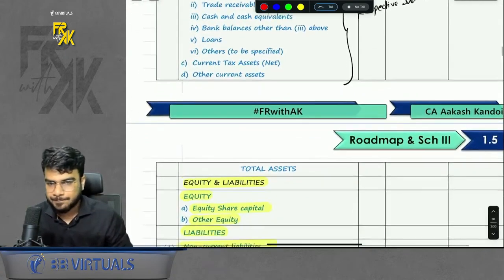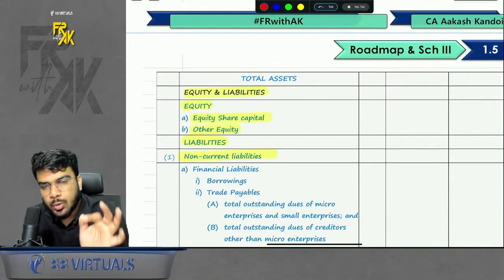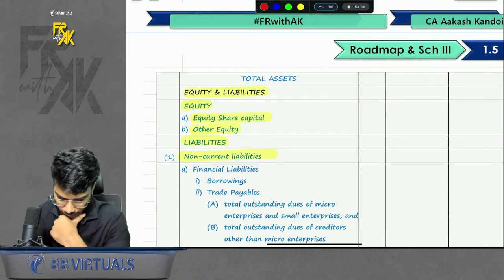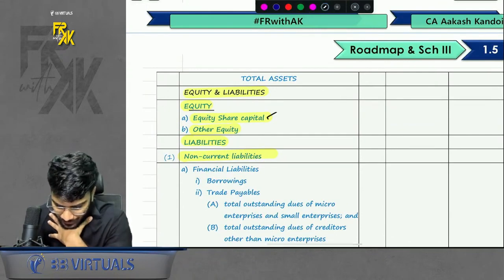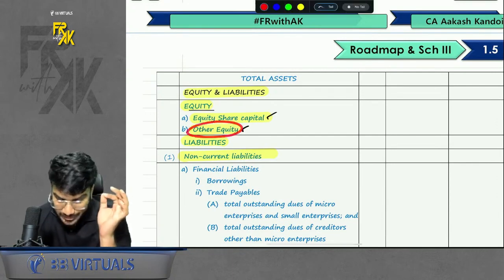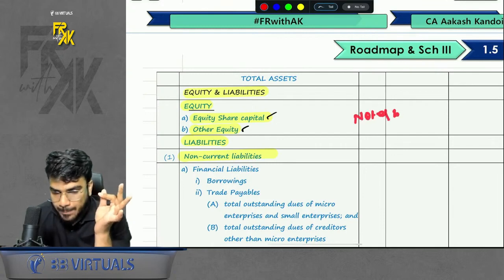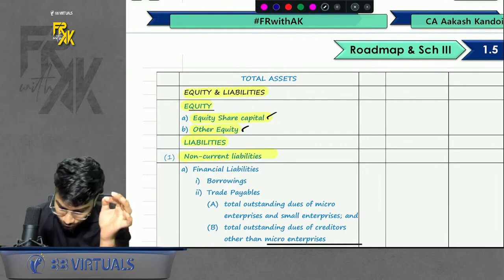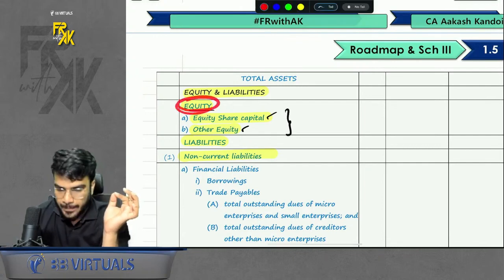But there is one element for which a notes to accounts will not be sufficient, and that is equity. Under equity, we have equity share capital and other equity. As I already mentioned, the scope of other equity is so wide that a single notes to accounts would not be sufficient.